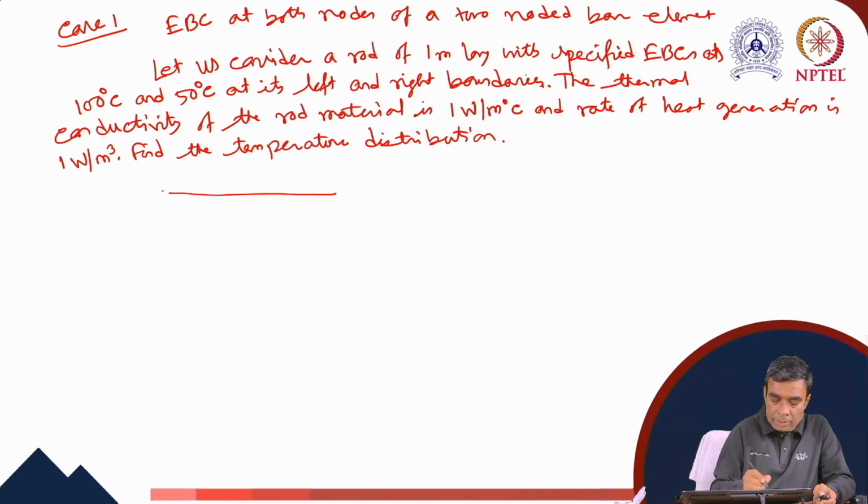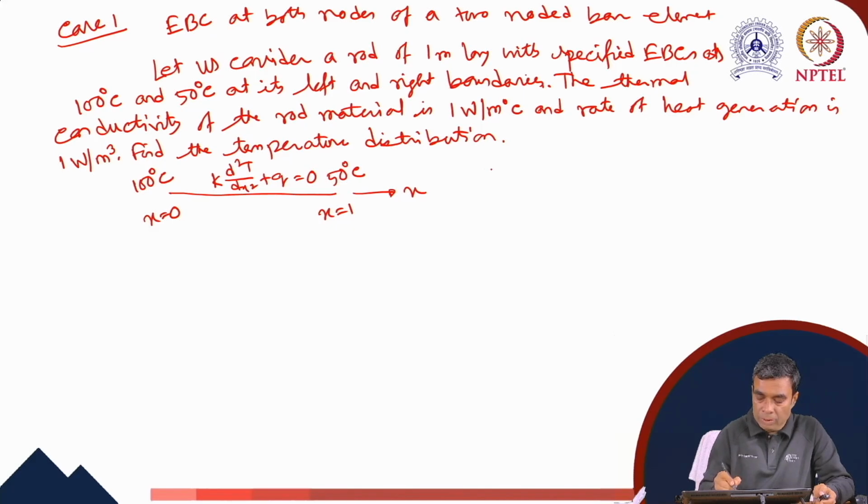So, this is the rod, x-axis. This is x equals to 1 meter. This is x equals to 0. This is at 100 degrees centigrade. This is at 50 degrees centigrade. The governing equation is k d2T dx2 plus q equals to 0 and k equals to 1 watt per meter degree centigrade, q equals to 1 watt per meter cube.